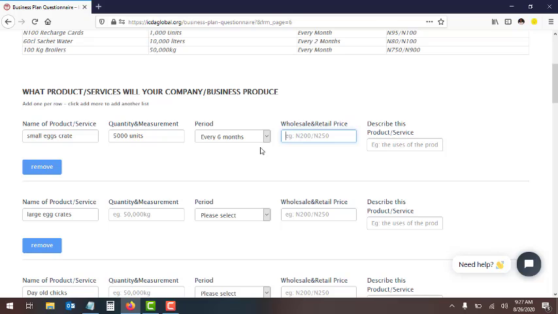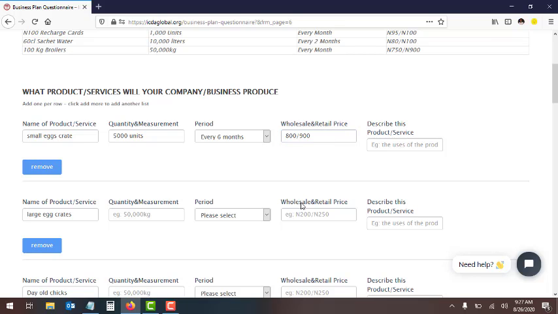Maybe you sell one crate at 800. And how much do you sell as retail? This is wholesale, maybe someone comes to buy 1,000 crates. But when you are selling just one crate, how much do you sell it? Or how much do people sell those crates for you? Maybe at retail they sell it at 900. You put it down there.